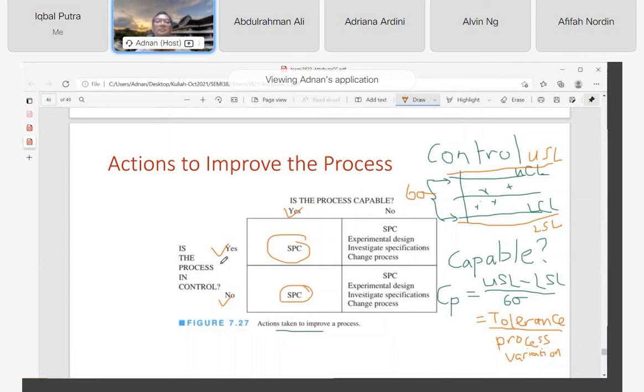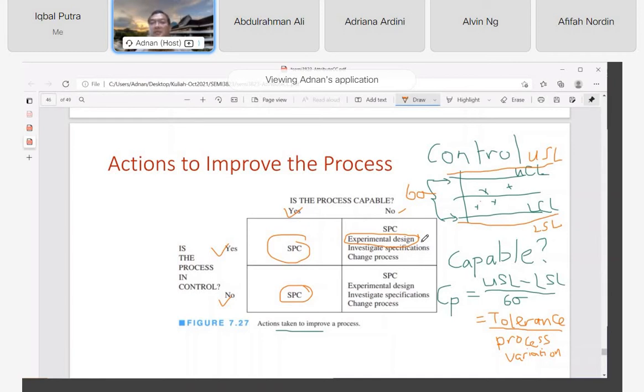But if the process is in control but not capable, you need to implement experimental design. You will study design of experiment in another course, quality engineering, where you will investigate what should be the correct setting for that process.